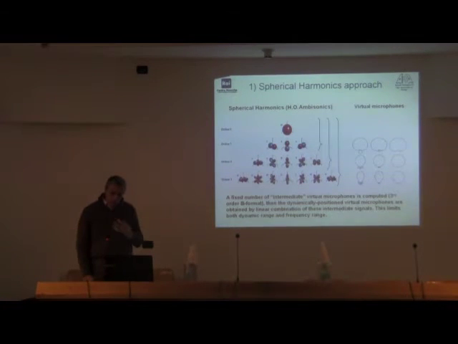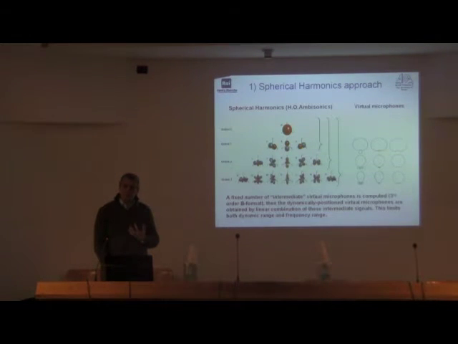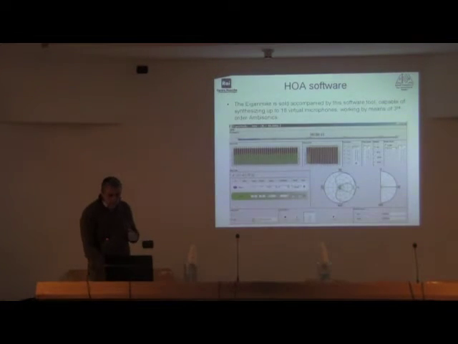The creation of virtual microphones made by the Eigenmike employs high-order Ambisonics, high-order spherical harmonics, and this is a problem because the high-order spherical harmonics are signals which tend to be very noisy and very band limited. This means that the resulting virtual microphone arrays don't have a pattern which is constant with frequency.